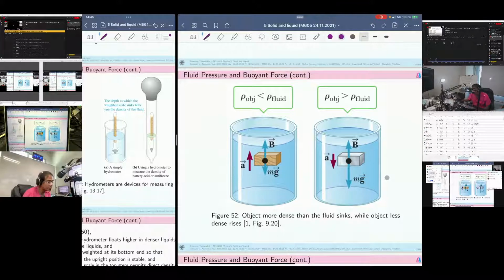We say it's the object density rho with subscript obj. And the fluid here is any kind of fluid. It can be either mercury or water, it's up to you.